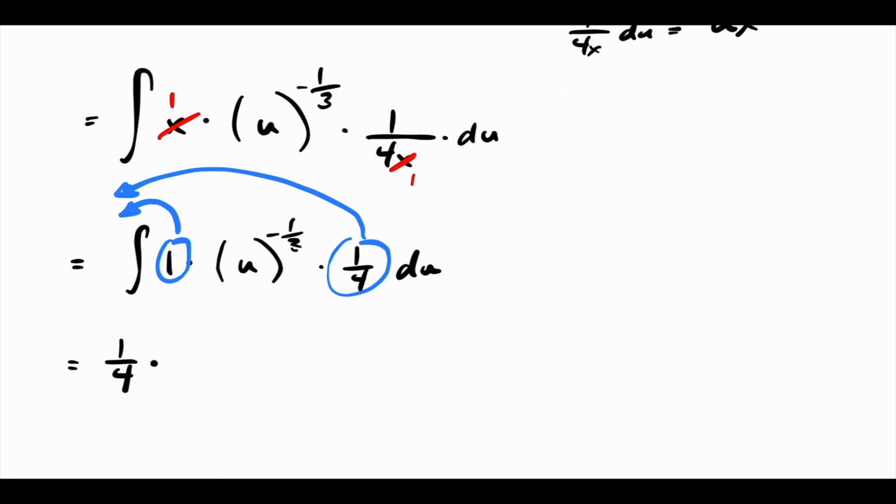Now antiderivatives. For u, if I add a power, that's going to be the 2/3 power. And then I'm going to divide by 2/3, which is the same thing as multiplying by 3/2, plus c.